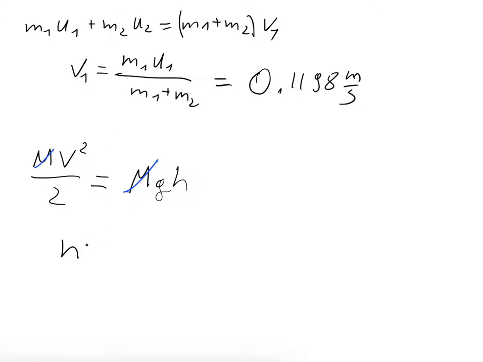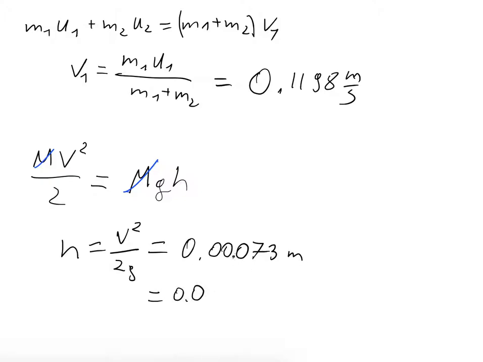So h will be equal to v squared divided by 2g. Substitute values in, and we'll find that the value of h is 0.00073 meters. In centimeters, that's 0.073 centimeters. Not quite a lot of height at all.